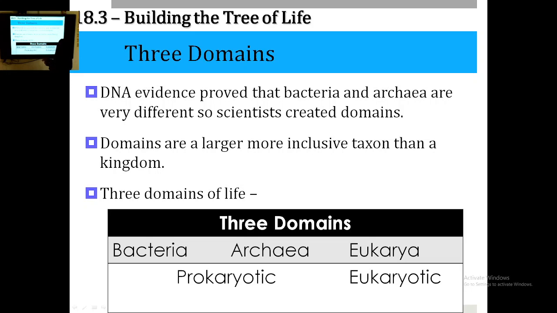The domain is larger than the kingdom because we classify all the animals, or all the eukaryotes, into the Animalia kingdom. There are 3 domains of life: bacteria, archaea, and eukarya. Bacteria and archaea are prokaryotic, while eukarya are eukaryotic, classified according to the presence of the nucleus.